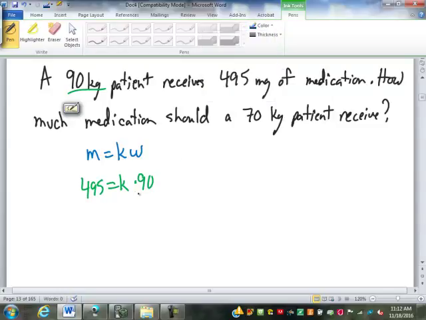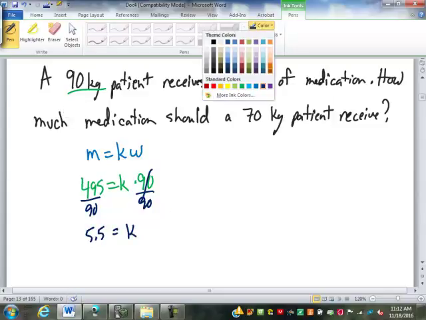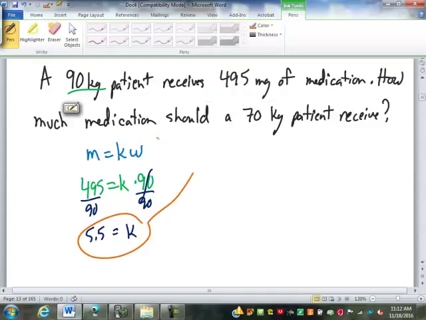So now to find K, we're going to divide by 90 to get K by itself. 495 divided by 90 is 5.5 equals K. So that is telling us that the amount of medication is 5.5 times their weight.